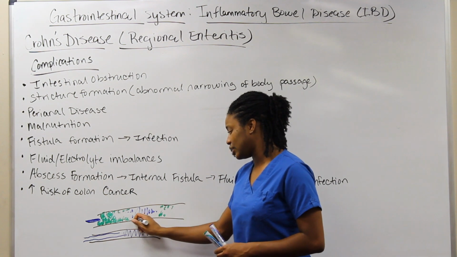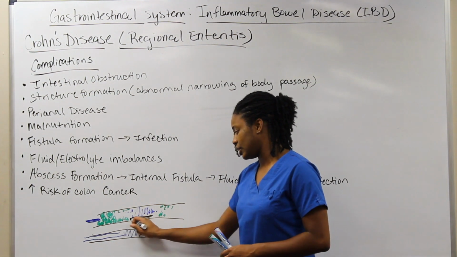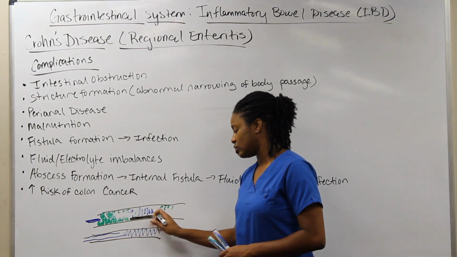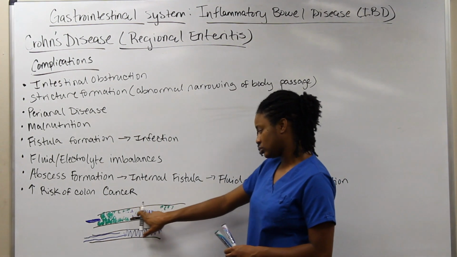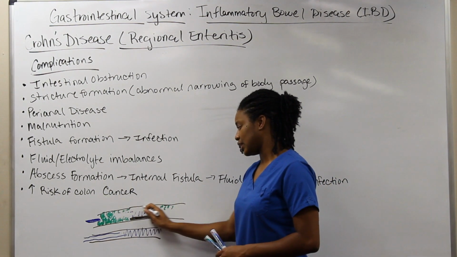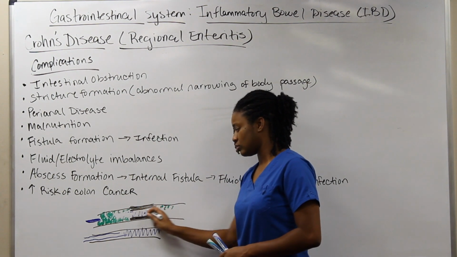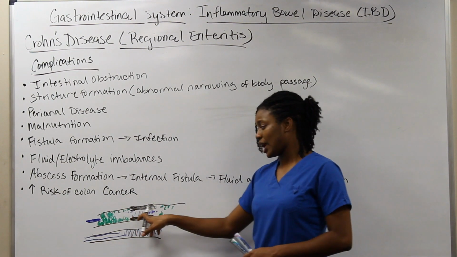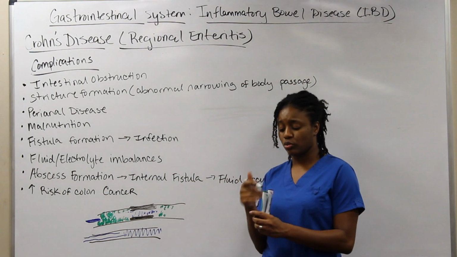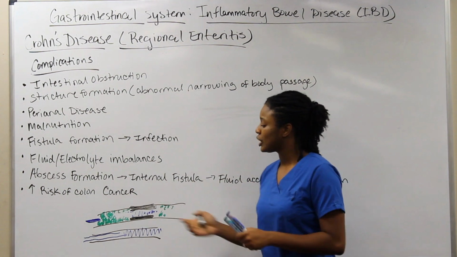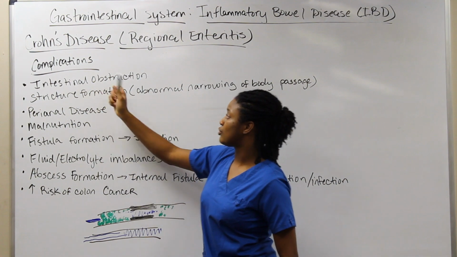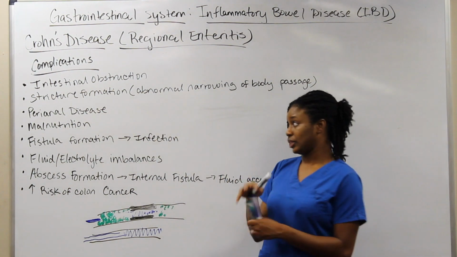I have a thickening that's occurring here, okay? And I have the thickening that's occurring on this side. Isn't that passageway a lot smaller to work with? Okay, so that's what they mean when they say you have stricture formation that's going to cause the narrowing, okay?